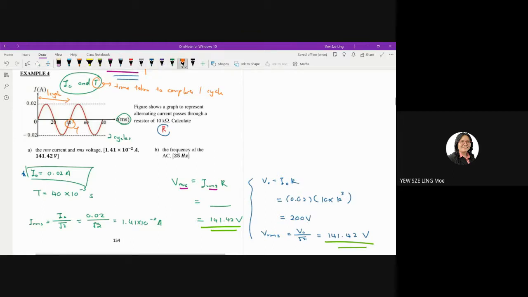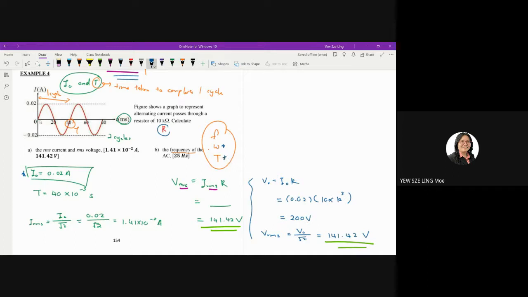Then question B asks you to calculate frequency. How to calculate frequency? Remember, frequency, omega, and period are one family. In order to calculate frequency, ask yourself, do you have omega? Apparently no. Then do you have period?